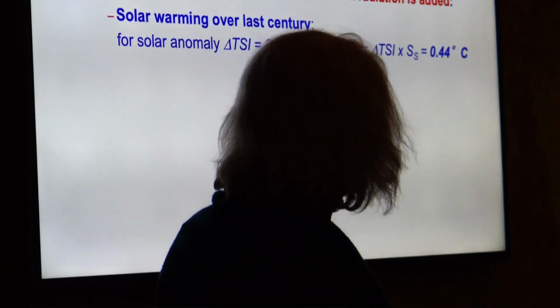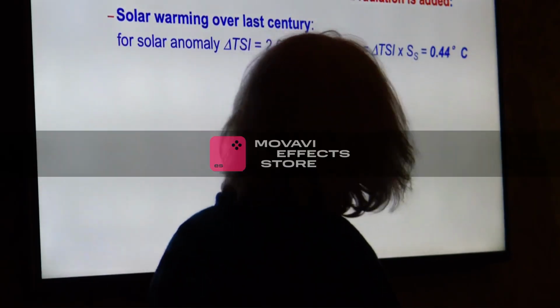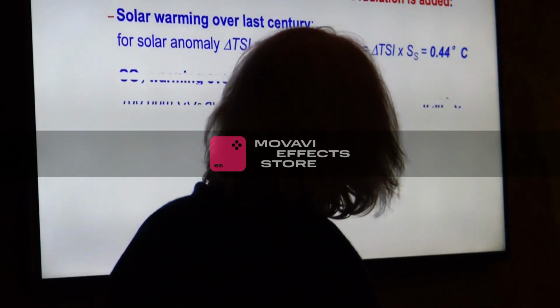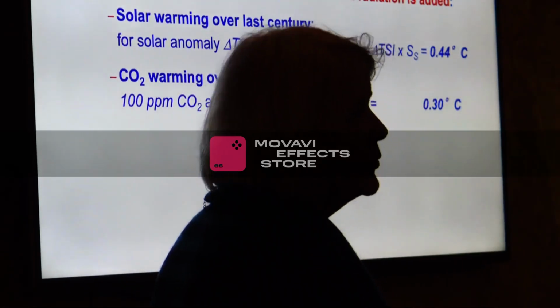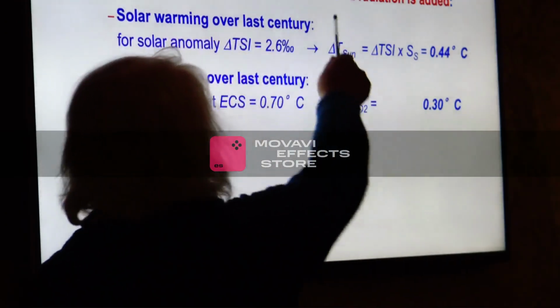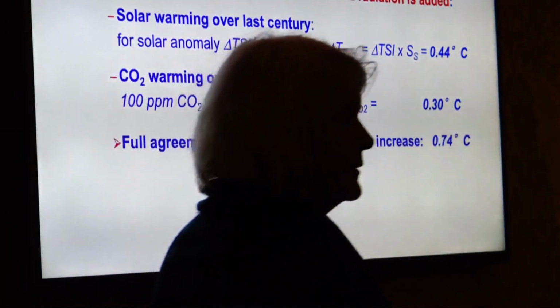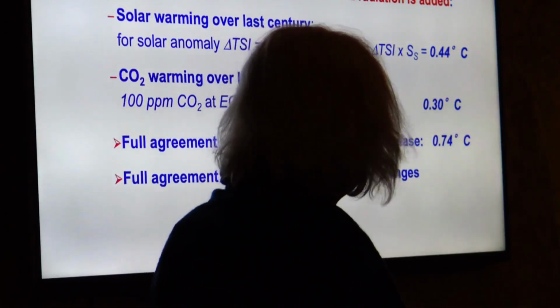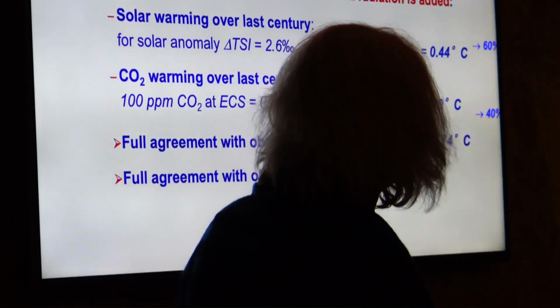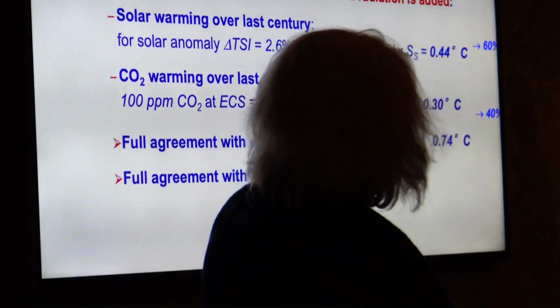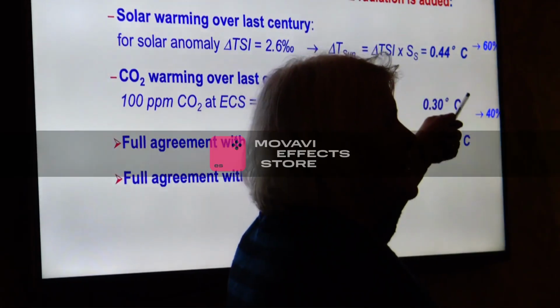But I have one very nice German guy, Hardy. He didn't add 20 or 12 watt per square meter, but he only added 5 watt per square meter to the radiative model used. And even adding this, he managed to find that even 60% comes from the sun.